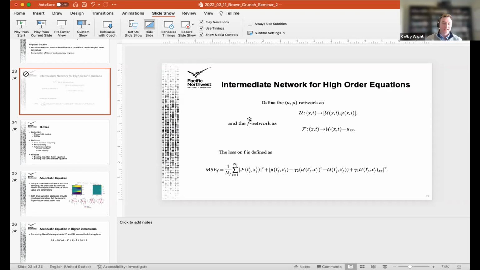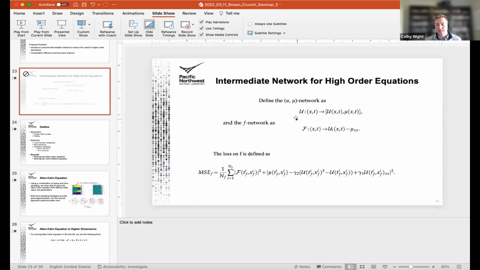But here, I have this hidden slide. We introduced this mu network, and then we define f as u sub t minus mu sub xx. The way we define the loss on f looks like this for the Cahn-Hilliard equation. Does that help a little more? Something like a diagram would be a lot more useful. Yeah, that's all I was curious about.